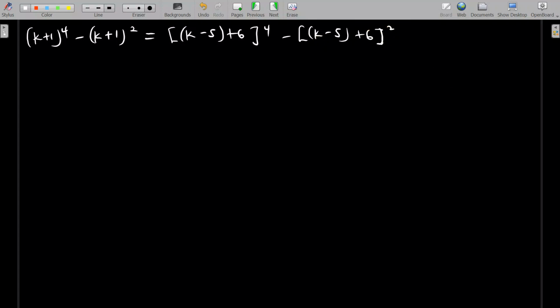What this is telling us is that we can replace the whole of this as L plus 6 to the 4 minus L plus 6 squared. The idea is when I expand this, I'm going to get multiples of 12, except this guy, L, but I know that 1 is less than or equal to L, less than or equal to k, because L is k minus 5. So k minus 5 is less than k. If I have 10, then 10 minus 5 is less than 10, right? So you can argue it that way.